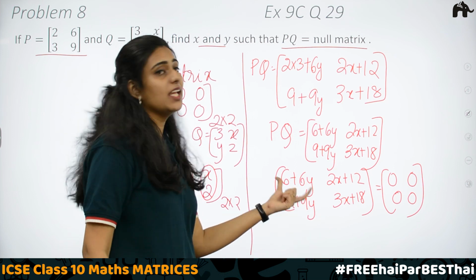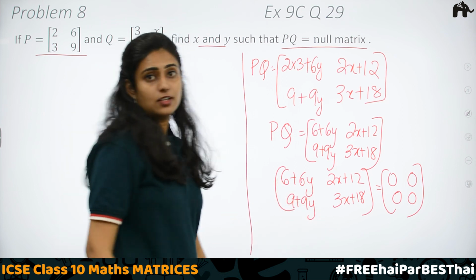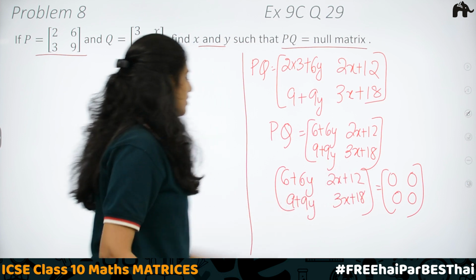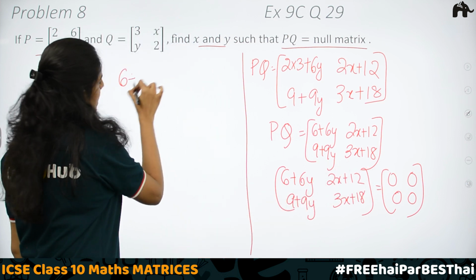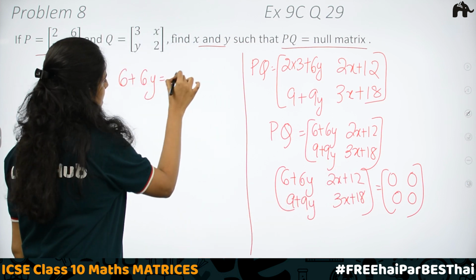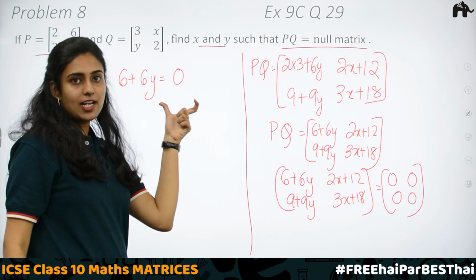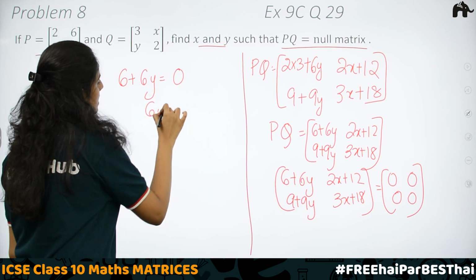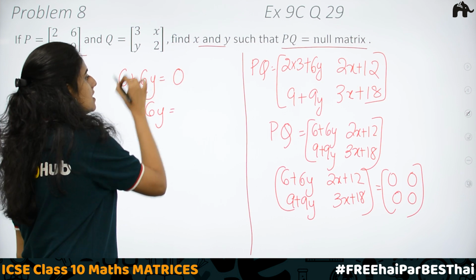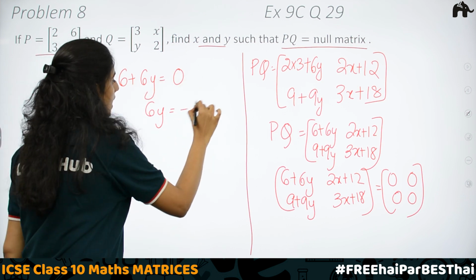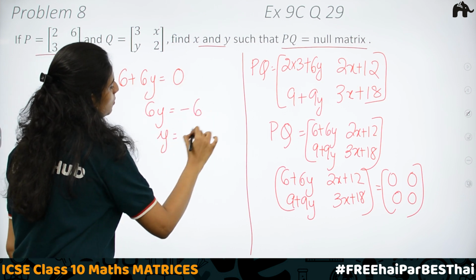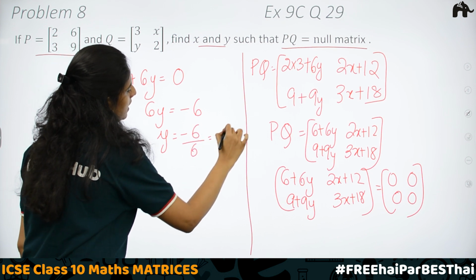We have solved many similar questions. Considering the first elements, here we have 6 plus 6y is equal to 0. From this we can find the value of y. 6y will be equal to, taking the 6 to the opposite side, minus 6. And y is equal to minus 6 by 6, which is minus 1.